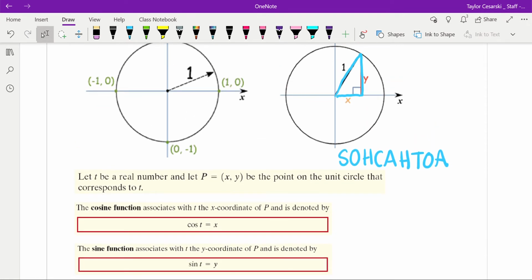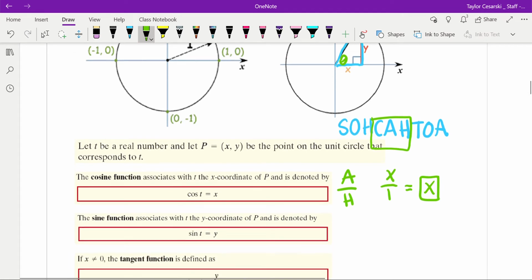So if we look at our cosine, or CAH, we know that cosine is adjacent over hypotenuse. So we're always looking at what we're going to call theta, which is our angle on the inside closest to our origin. So if we look at the adjacent side to that, that's going to be x over my hypotenuse, which is 1, and x over 1 is just going to equal x.